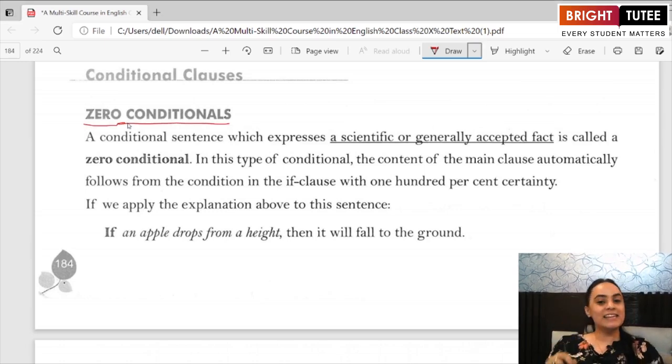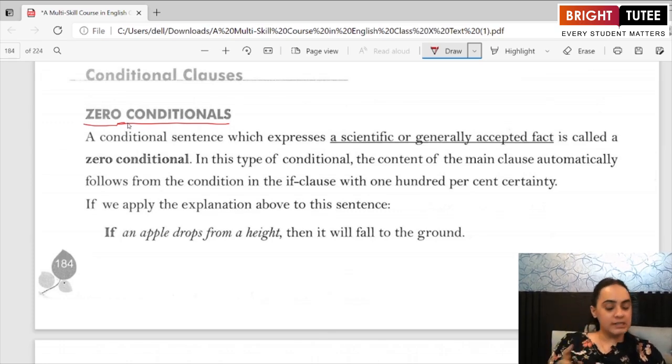In these topics, there is a structure of every conditional sentence, and it is important for us to learn the structure of those sentences. So, zero conditional is the first type of sentence. Let us look at what zero conditionals are and what the structure of a zero conditional sentence is.